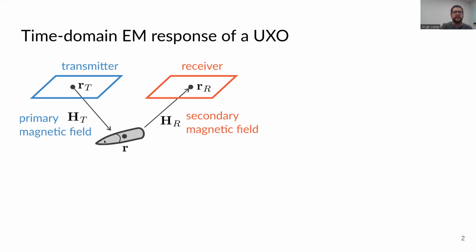The dipole moment decays in time, and the associated secondary magnetic field is recorded in the receiver.